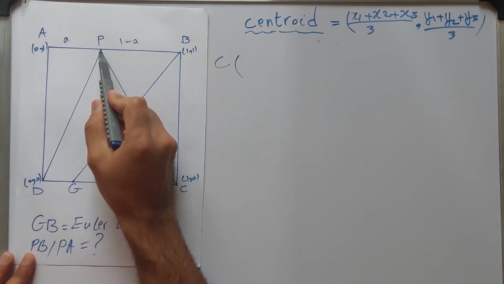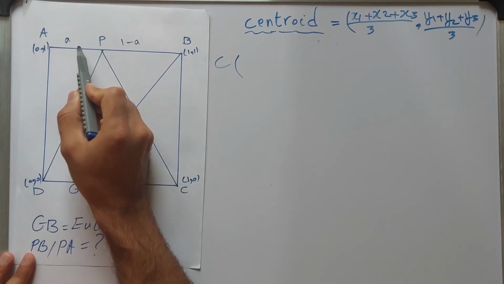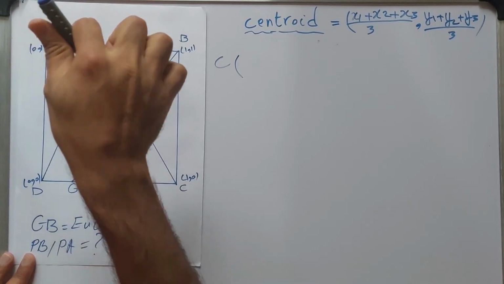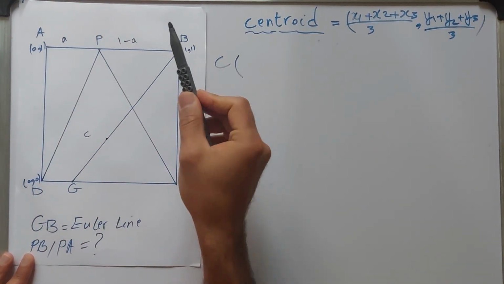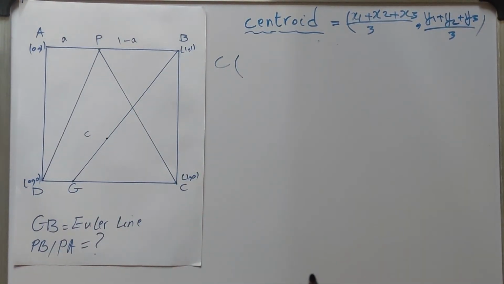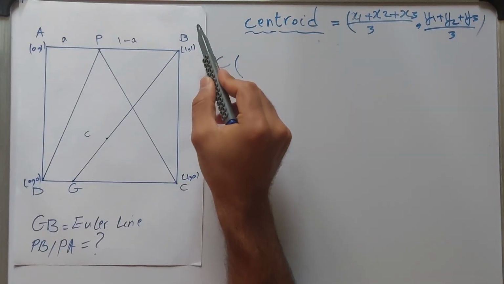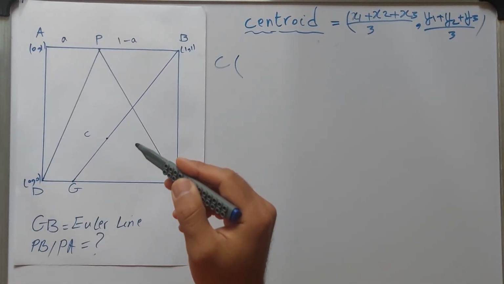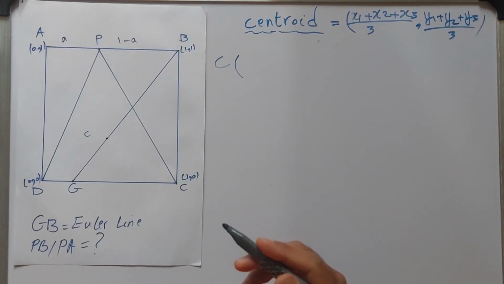And here I just named this segment PA as A and PB as 1 minus A, because AB is just 1 unit. It was not given in the question, so we just assumed that. We put it on the Cartesian coordinate system for the sake of simplicity.